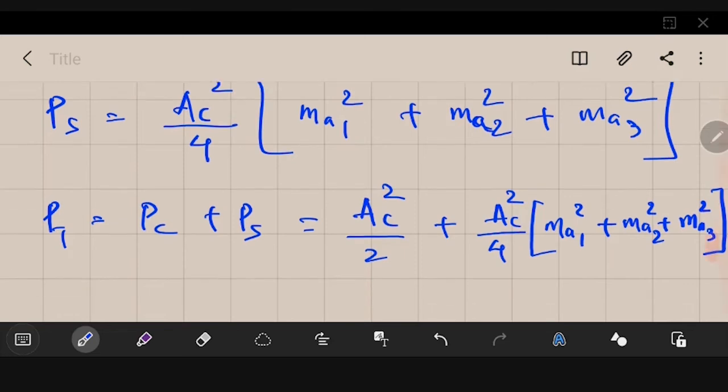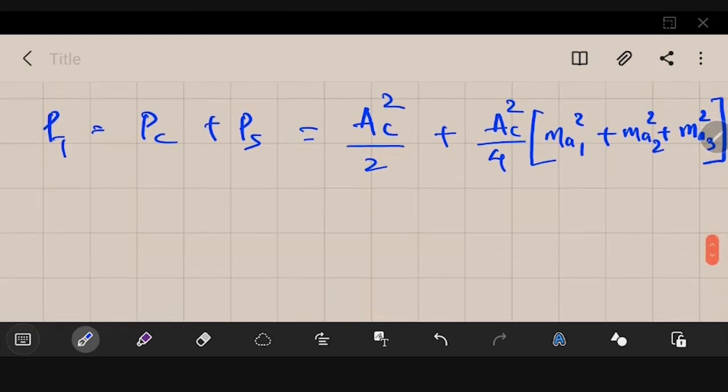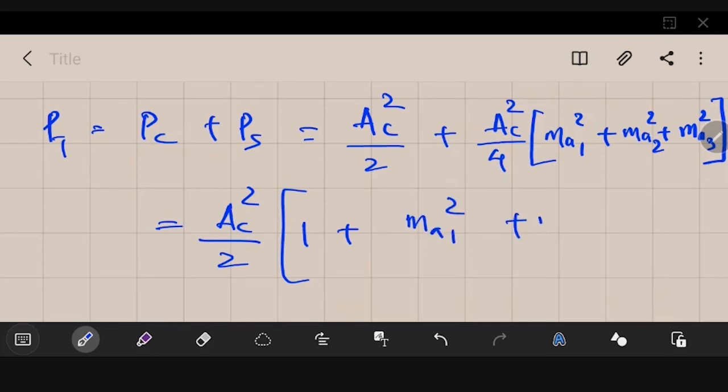So let me take this AC square by 2 common, and let me write it in this form. If I take AC square by 2 common from this expression, I could write it as 1 plus MA1 square plus MA2 square plus MA3 square by 2, whole by 2.